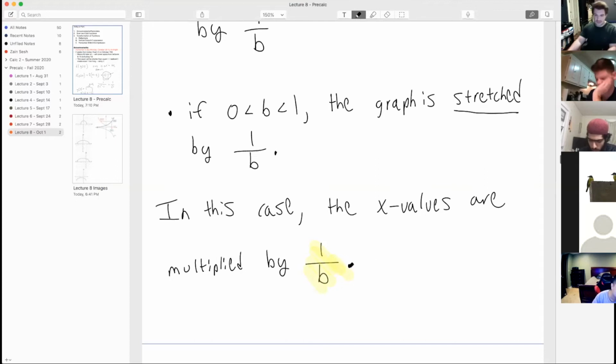So that's important. And that's maybe not what you would expect, okay? You multiply the inputs by 1 over b. So this is different than the vertical stretch.